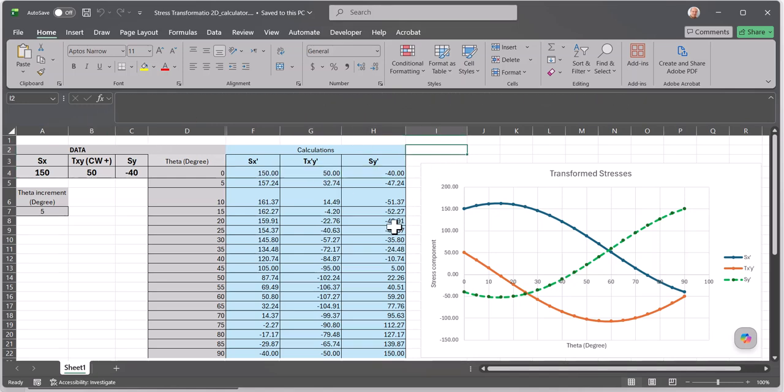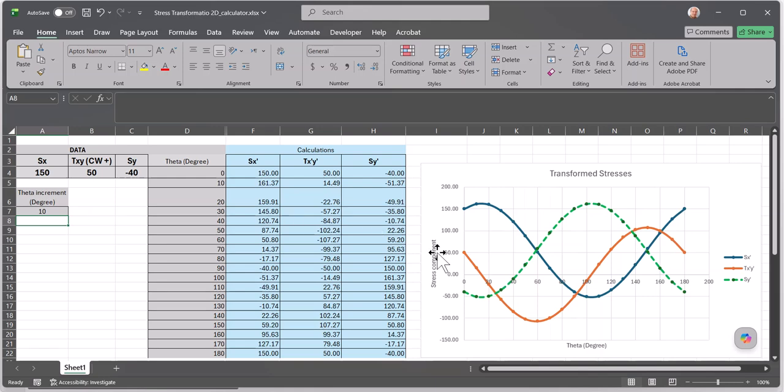Now, simply for this list of theta, calculate these stresses, and the graph shows the variation. For example, if you start rotating your element, the increment is 10 degrees here, so if I go 10 degrees at a time, I go to 180 basically.